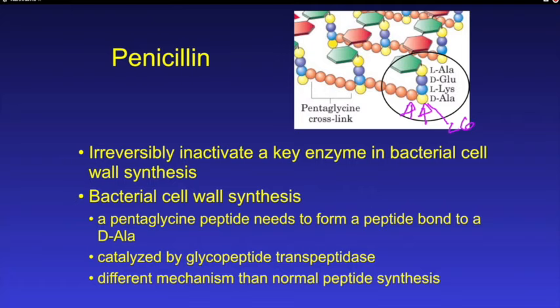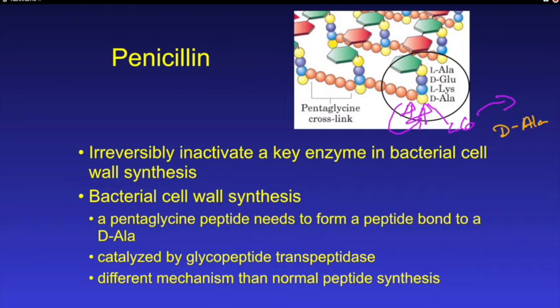When the pentaglycine comes in to make the bond, the leaving group will leave, and that leaving group is an additional D-alanine. And so we're going to have two D-alanines initially right here before this pentaglycine is covalently linked.